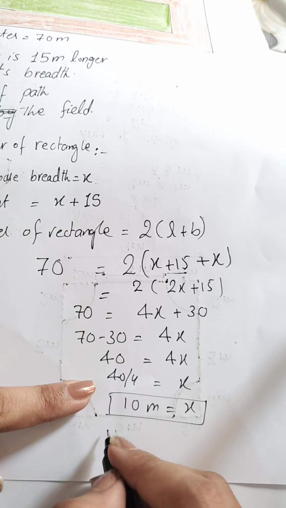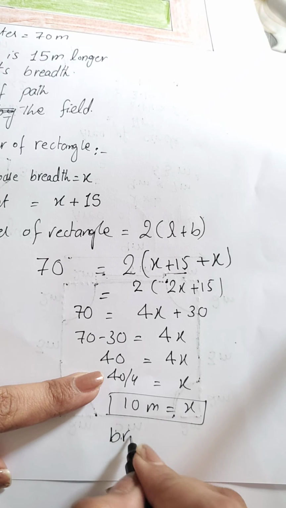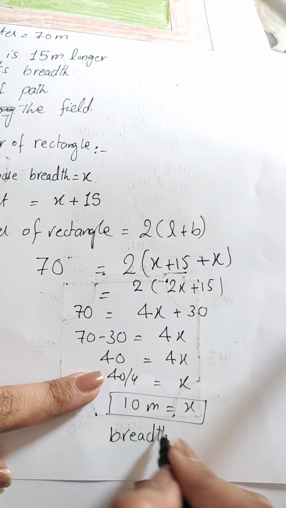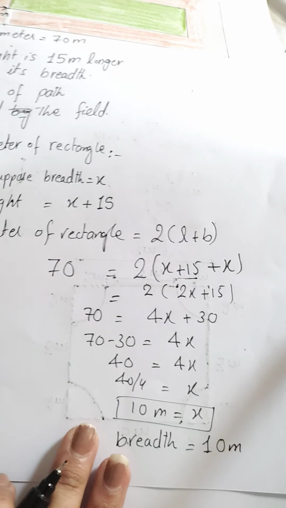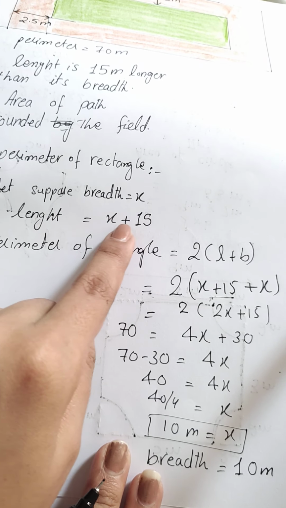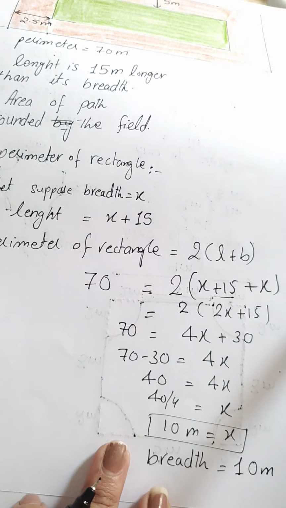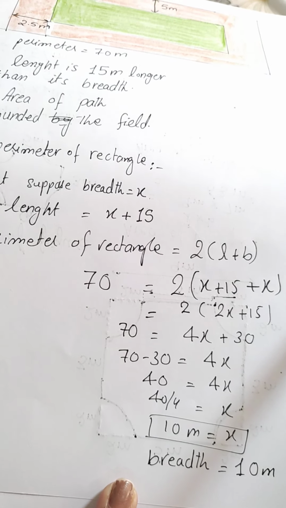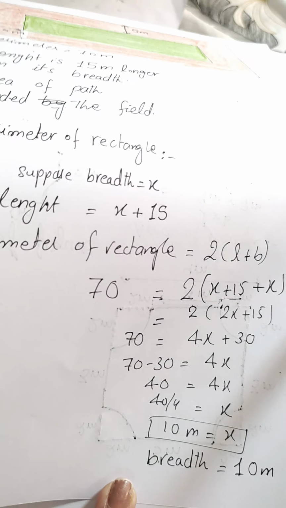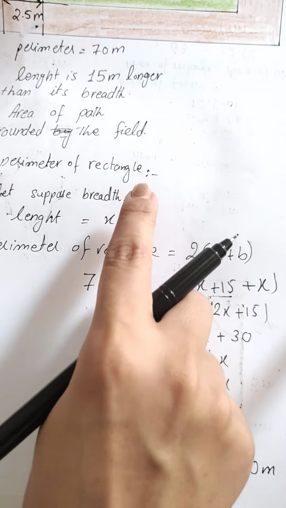So the value of breadth is 10 meters. And what is the value of the length? Length is equal to x plus 15. So I will put the value of x in this formula and you will get the length.